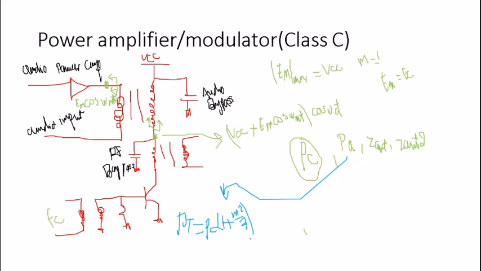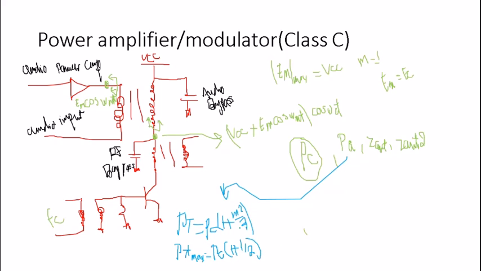So to find the power added by the audio amplifier given the power of the carrier, we need to assume maximum total power that only occurs when the modulation index equals 1. This gives us a power total maximum, excuse my handwriting, being the power of the carrier times 1 plus 1/2, given that m equals 1.